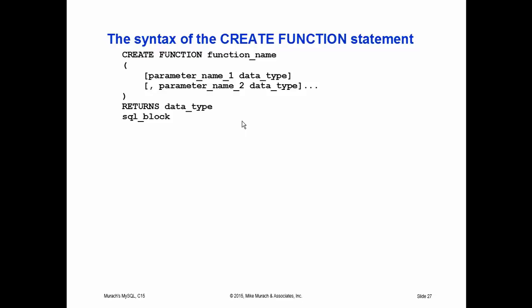So as you can see here in the syntax, you code the create function keywords followed by the name of the function. After the name of the function, you've got the set of parentheses, where you can have parameters. After the parentheses, you put in the word returns, and you follow that with the data type that will be returned by the function.